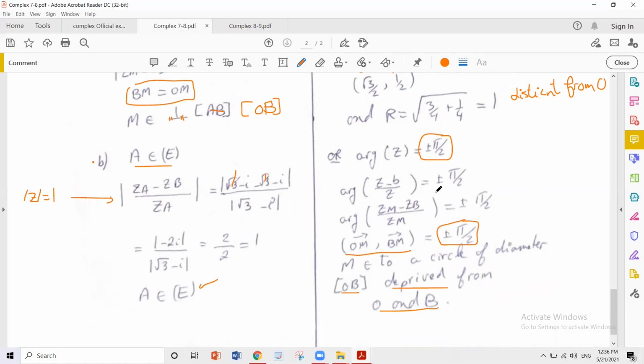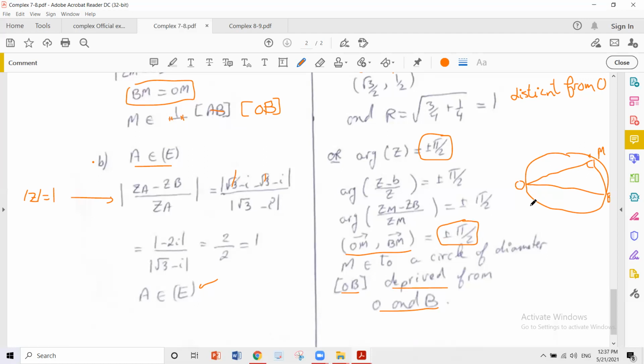You know from grade 8 and 9 that if you have a diameter OB, any point on the circle except at O and B makes the angle OMB equal 90. If M is at O or at B, the angle will not be 90.